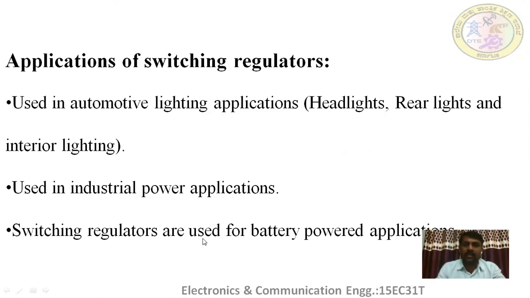It is used in battery powered applications. That means this switching regulator plays a vital role in battery powered applications. These may include vehicles or any appliances, domestic or industrial, and it is also used in the central power hub in industries.